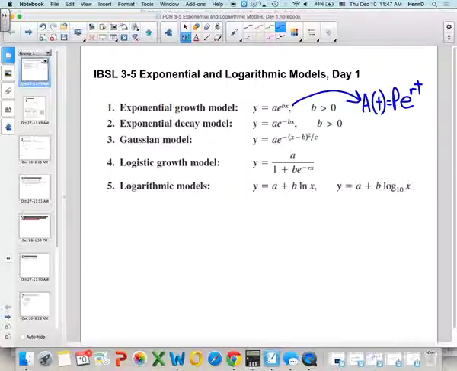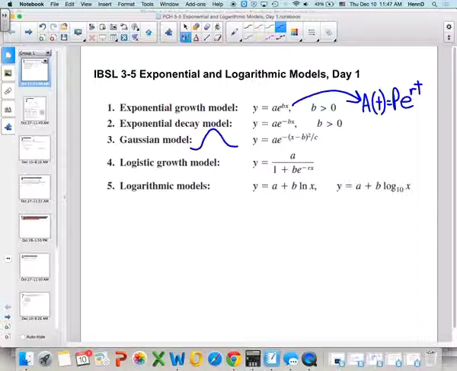Another name for a Gaussian model is a normal curve, okay? A bell curve. This equation right here will give us a bell curve. Okay, so when you see a graph that looks like that, you're dealing with a Gaussian model. Okay, and as you guys already know, normal curves are used to model all kinds of stuff.